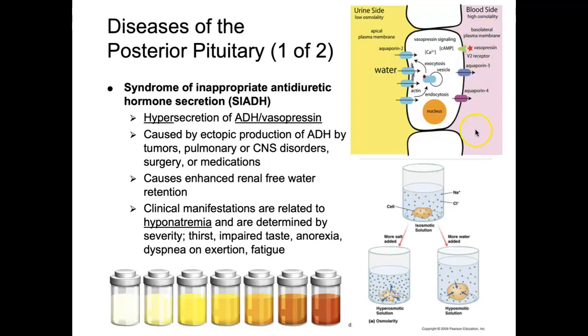So what that does is it enhances our renal free water retention. We're reabsorbing more water. And what that leads to is an expansion of our extracellular fluid volume that can lead to dilutional hyponatremia and hypoosmolarity. So to revisit that, let's take a look at this over here. Of course, this is our isotonic solution when all of the solutes are kind of evenly distributed.